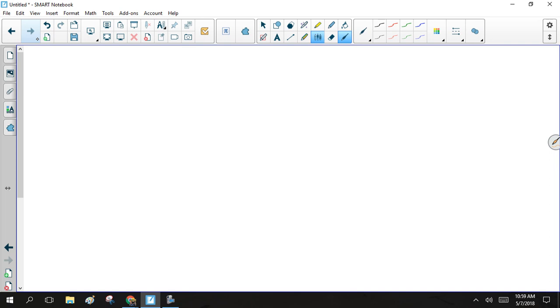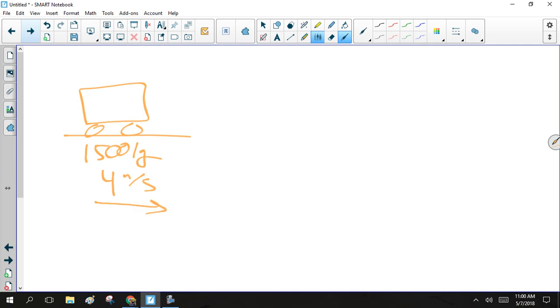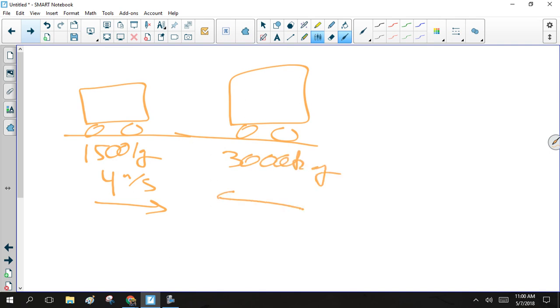Ow. All right, 28. You got to watch your signs on this one. You've got a railroad car. It's 1,500 kilograms going to the right at 4 meters a second. And it's going to collide with another car that's 3,000 kilograms going the other way at 3 meters a second.